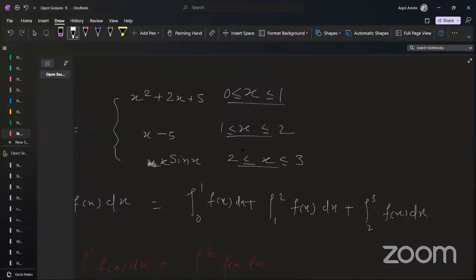Because if a function is not continuous at finitely many points, that function is still integrable. Even if it is not continuous at countably many points, just like the floor function, still it is integrable. No need to check continuity here.